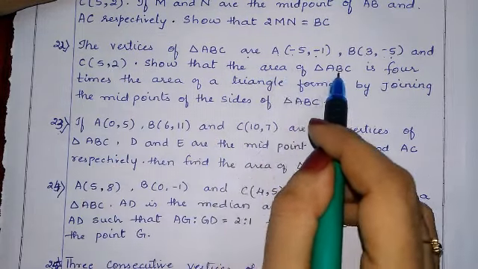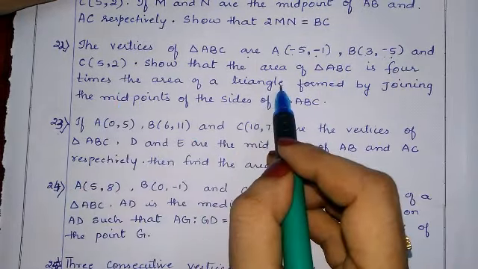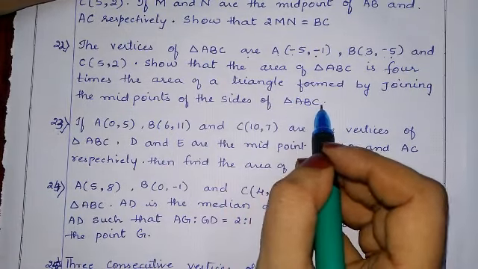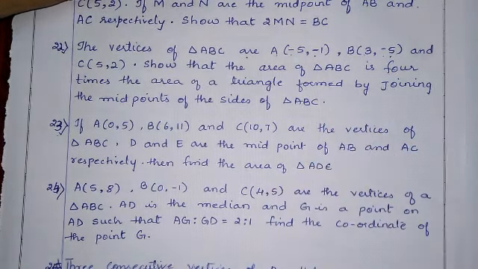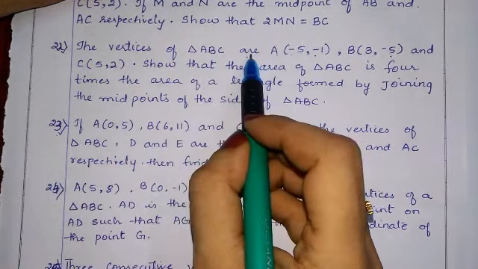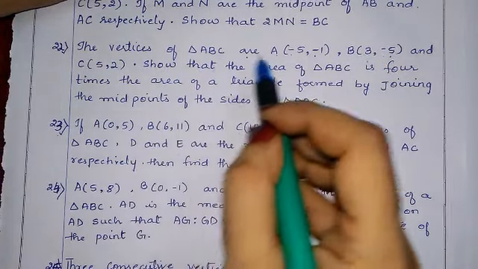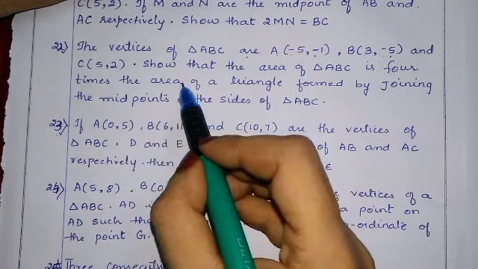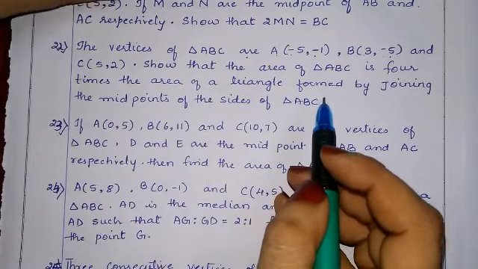Show that the area of triangle ABC is 4 times the area of the triangle formed by joining the midpoints of the sides of triangle ABC. We should be very careful while reading the question here. The vertices of triangle ABC are A, B and C given. Show that the area of triangle ABC is 4 times that of the area of the triangle formed by joining the midpoints of the sides of the triangle.